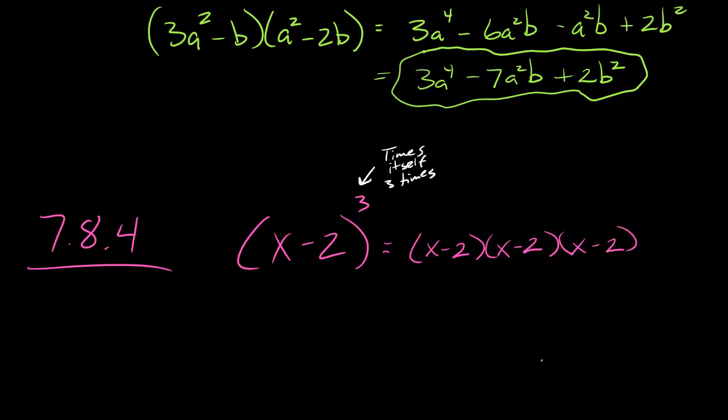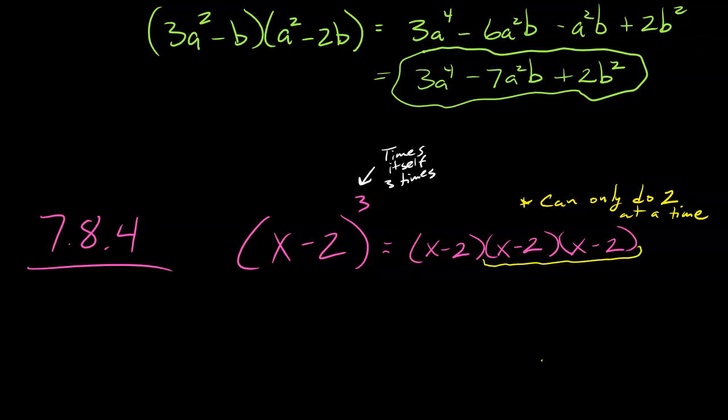the real issue is you can only do 2 things at a time. You can't multiply all 3 things at the same time. So you're either going to choose the first 2 or the last 2.